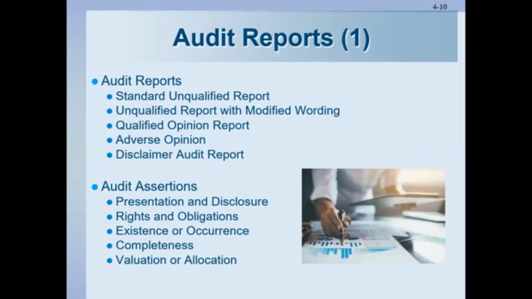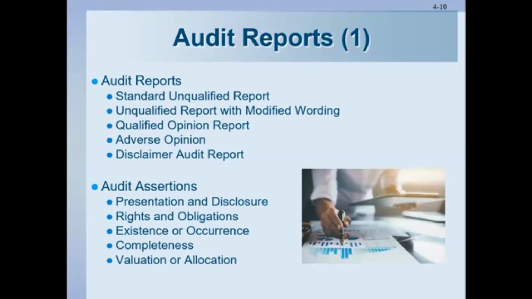Now, the first 4 of these reports are opinions, and as such may be referred to in this manner. The last, which is the disclaimer report, is a report that does not contain an opinion.